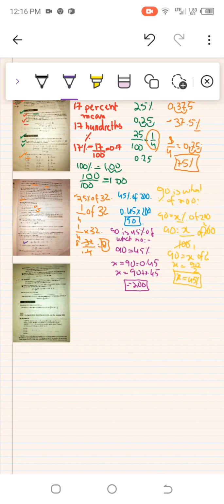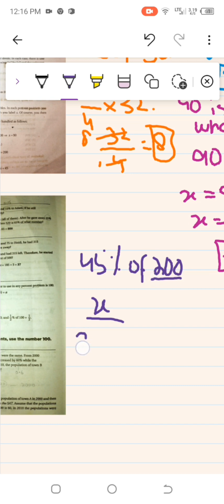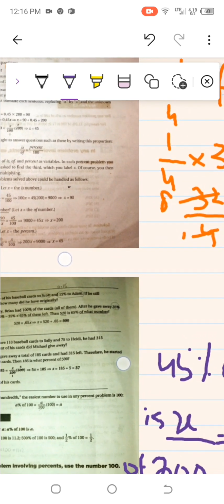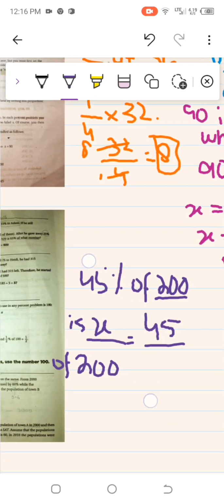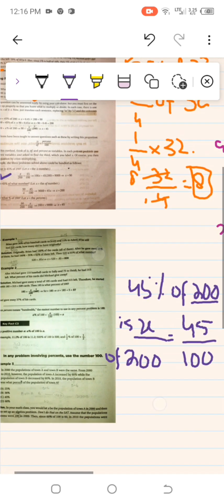So as I'm going to do here, 45% of 200. By solving with this method, we have x over, and of is 200. This is x and this is of. Then is equal to, we have percentage, which is 45, and then after the percentage we have 100. You just do the cross multiplication and you will get your answer.